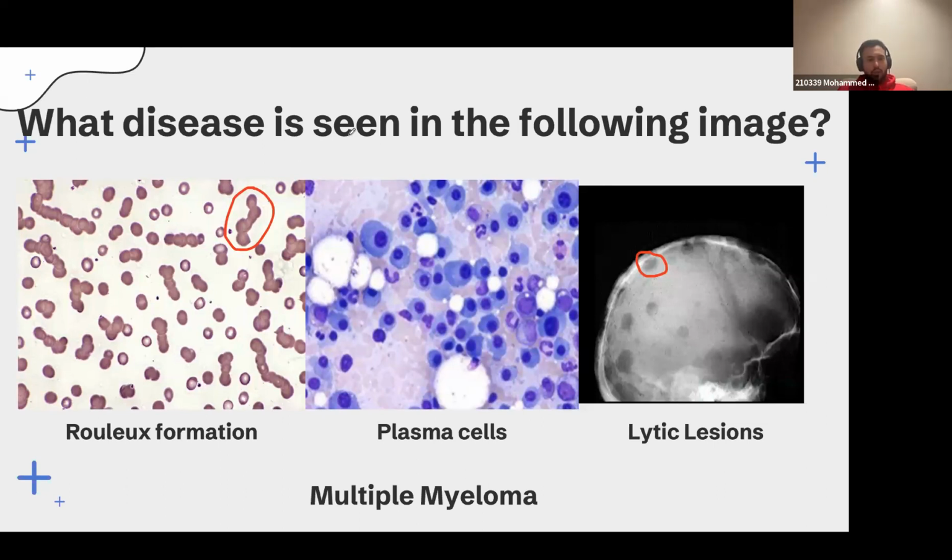Okay, the M protein spike. This M protein spike, it's either IgG or IgA, very high amounts of it, and this is the M protein spike, diagnostic of multiple myeloma. Okay, a good mnemonic to remember is CRAB. What's it called? Hypercalcemia, renal insufficiency, anemia, and then bone lytic lesions as the clinical manifestations of multiple myeloma.